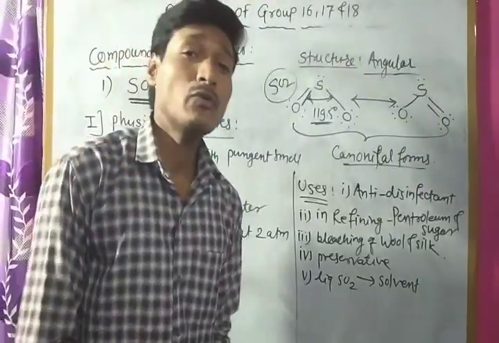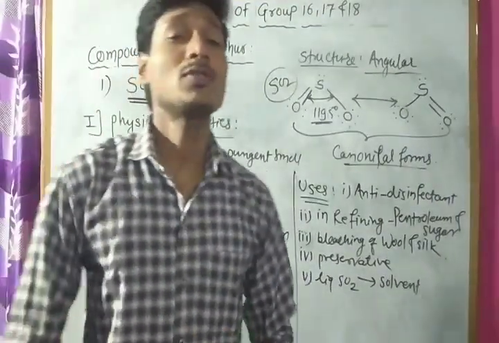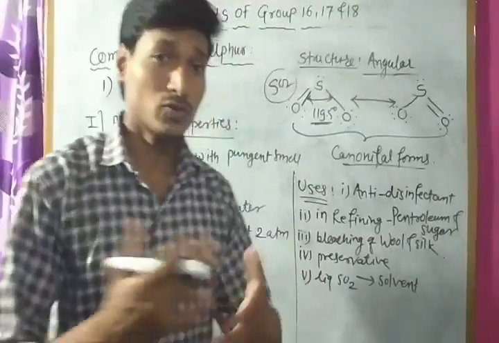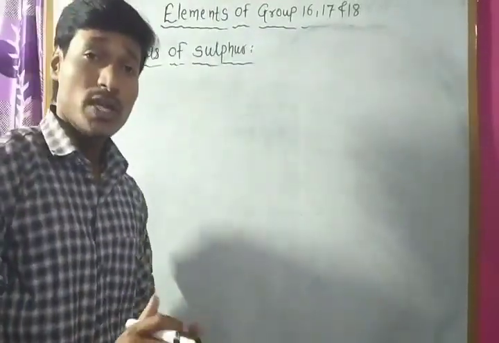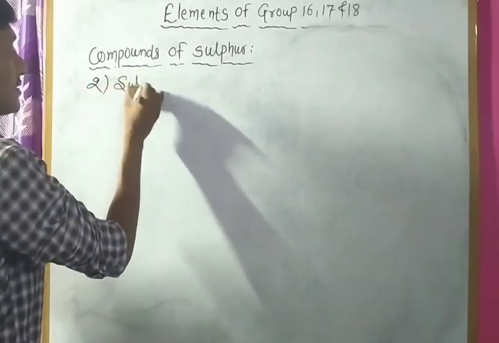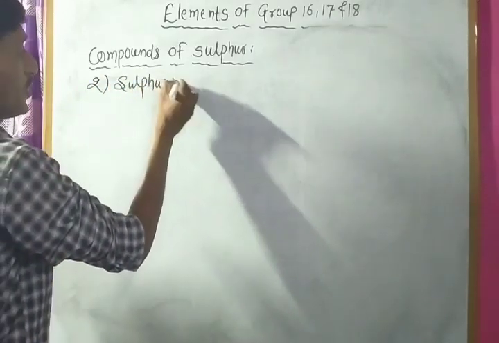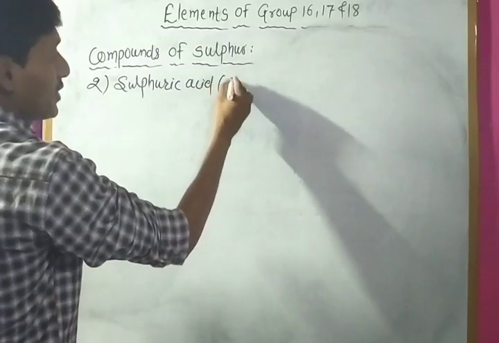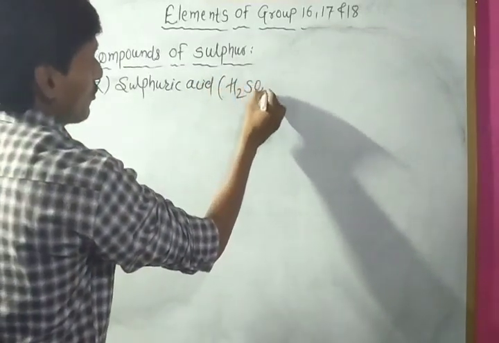Now we have to discuss the properties, structure and uses of H2SO4. So let's start. The next compound of sulfur is sulfuric acid, and the formula of sulfuric acid is H2SO4.